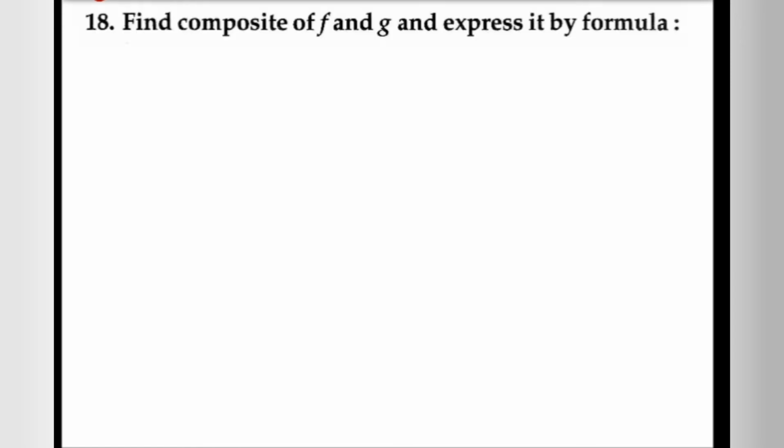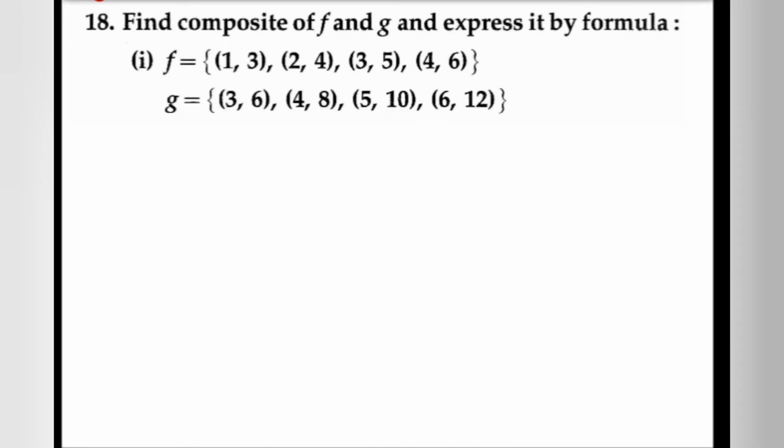Question number 18. Find composite of f and g and express it by formula. Number 1. f is equal to set of (1,3), (2,4), (3,5), (4,6). g is equal to set of (3,6), (4,8), (5,10), (6,12).